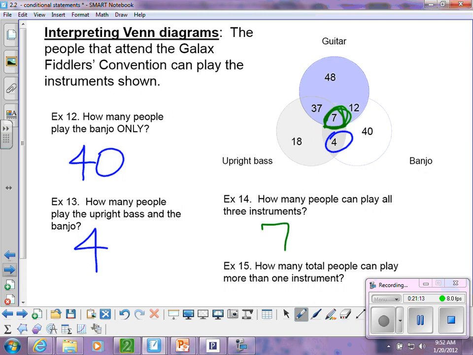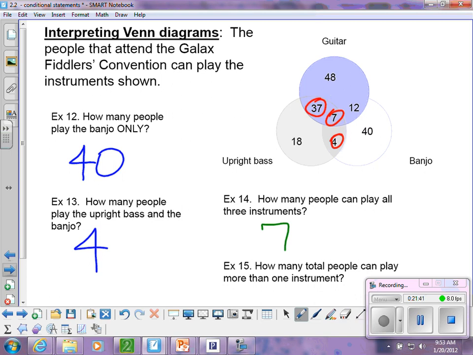And how many total people can play more than one instrument? Now this one's a little bit harder, isn't it? So let's go through and find all the numbers of people that can play more than one, okay? All right, these people can play the banjo and the upright bass, right? These 7 can play all 3. These 37 can play the upright bass and the guitar.